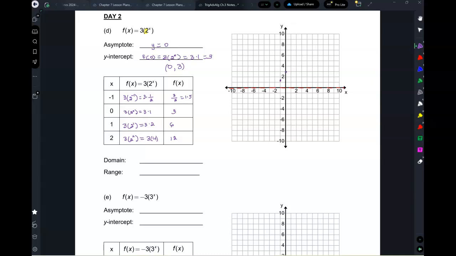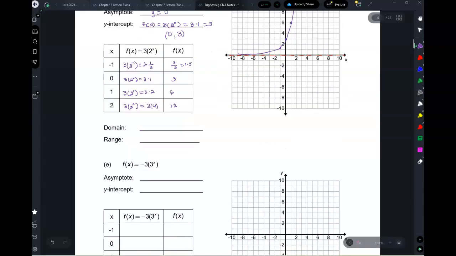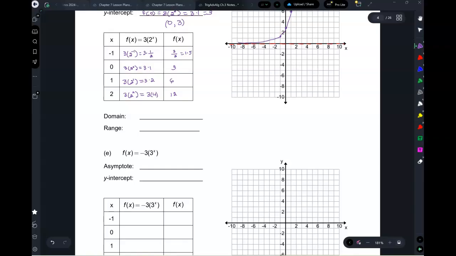Whoops, 3. And then at 1, 6. And 12 is off the grid, so I don't have to label that one. And I graph right there. Okay? Awesome. All right, the domain of all exponential functions is all real numbers, -infinity to infinity.